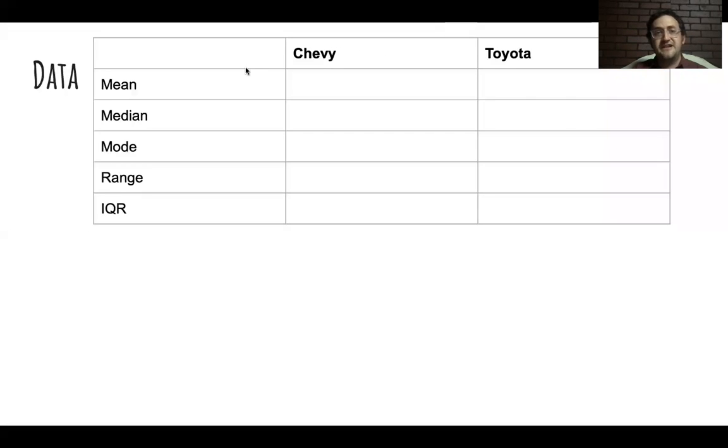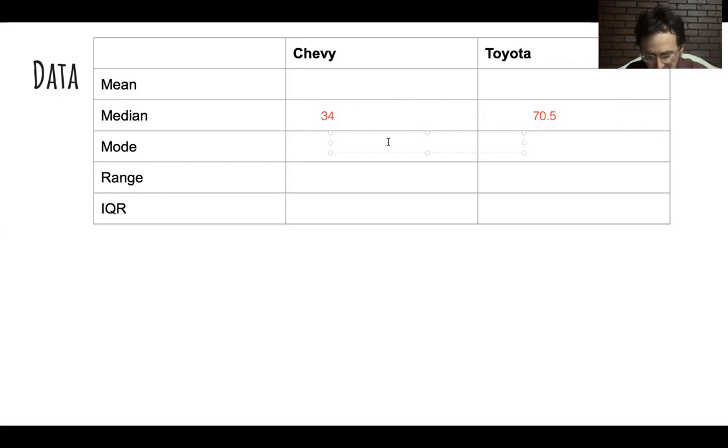It's especially nice to compare them as they relate to the median, especially accommodating for the spread of data. But we got for the Chevrolet that the median was 34 versus a Toyota had a median reliability of 70.5.